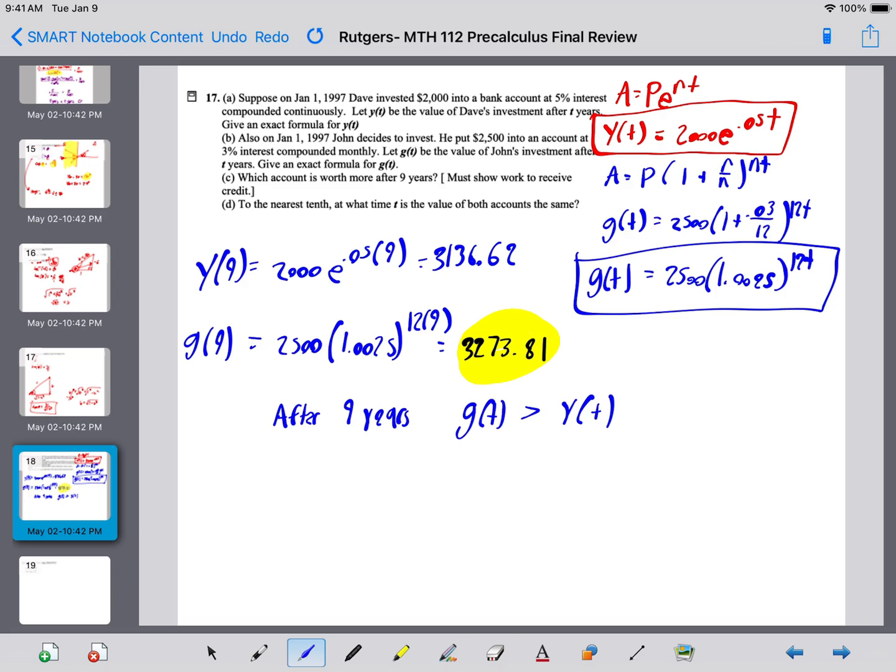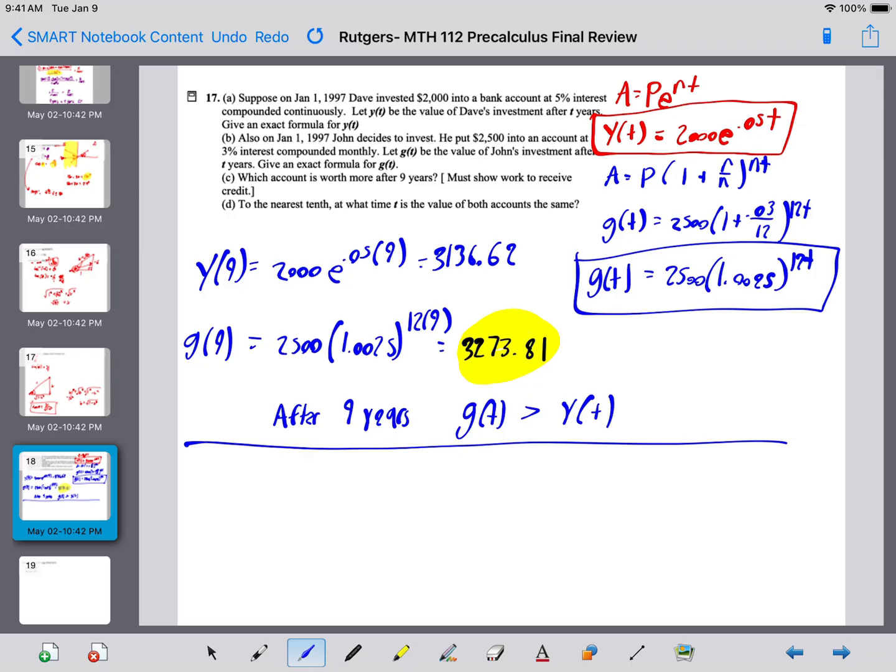To the nearest tenth, at what time t are both accounts the same? For that, what you're going to do is just put them in your calculator.